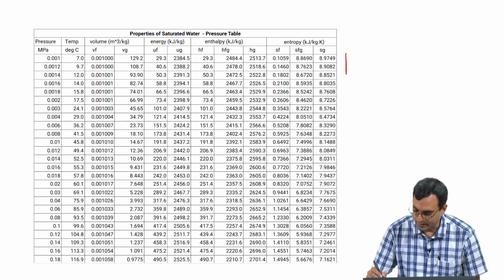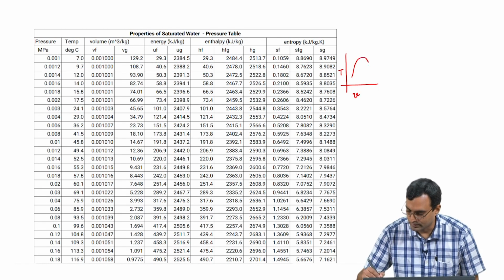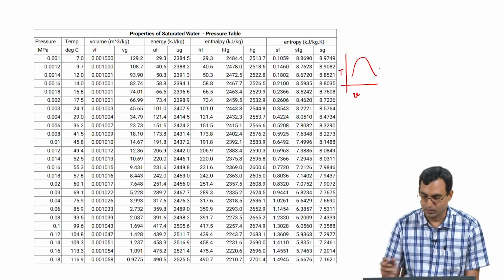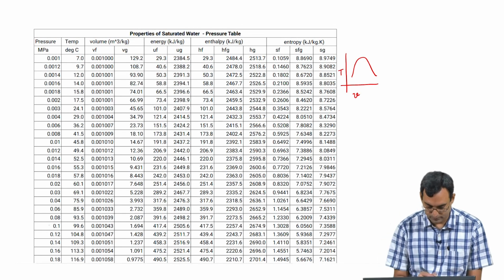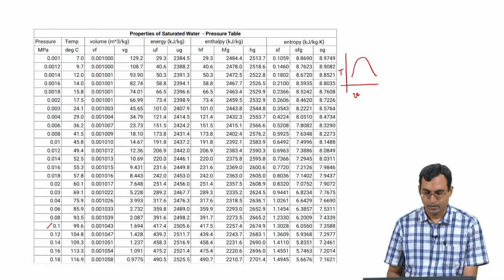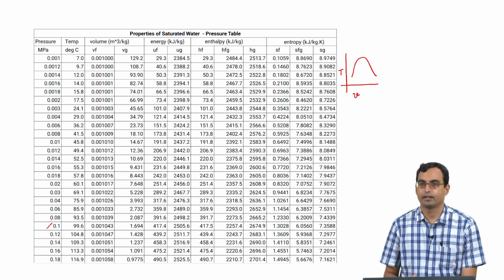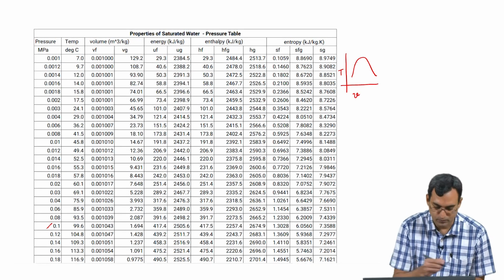So, for example, on a T-v diagram, I have this dome over here. If I take some reading, let us say I look at this value where the pressure is 0.1 megapascal. 0.1 megapascal is essentially 1 bar, or 100 kilopascal. So, I can draw a 1 bar isobar over here.